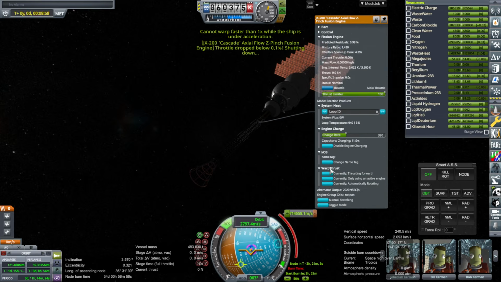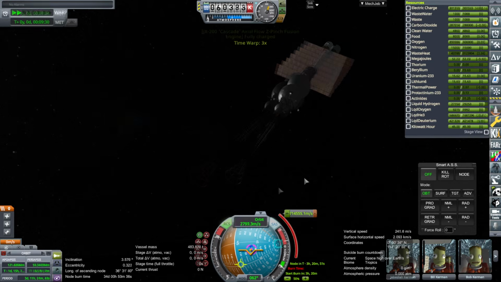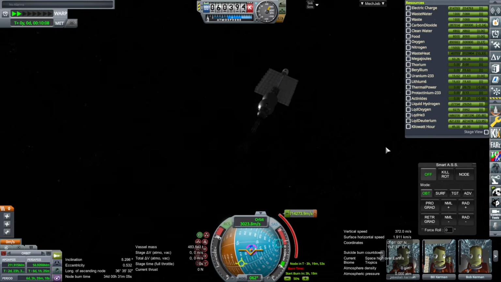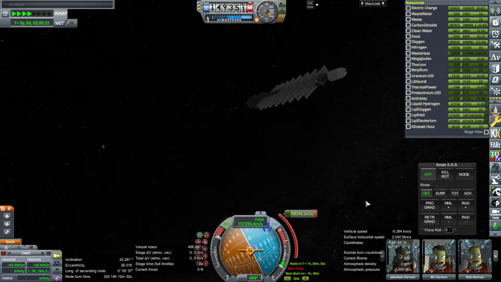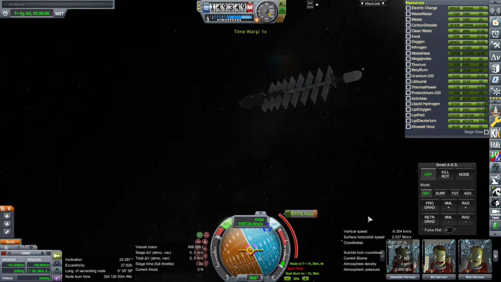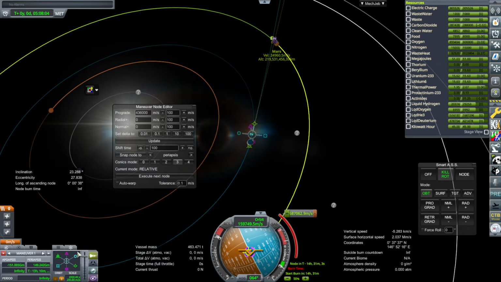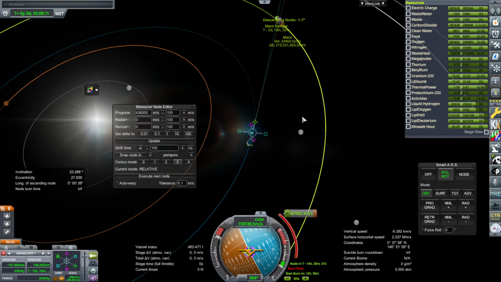And then it's going to have charging issues. So using all engines is what we have to do. Okay, now it's using that engine in time warp. We are in interplanetary space, so we need to readjust, go to the maneuver. In plotting the sequence of alarms, I did give myself like a day's worth of room, just in case.